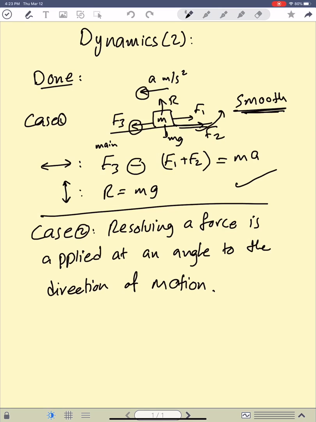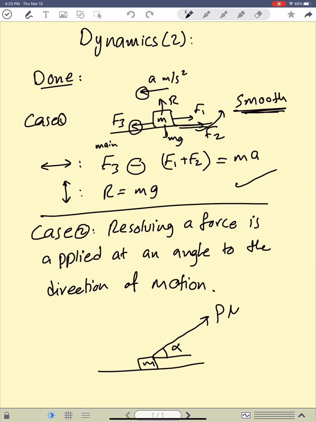I will sketch it for you before we start in detail. What do I mean? This is what we are talking about. This is a particle of m kilograms, and this is a force, for example force P newtons, which acts at an angle alpha to the particle m. Let's see what will happen in this case.